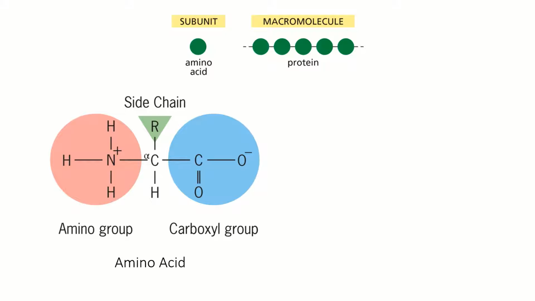So you can already imagine that there are 20 types of amino acids, and if a particular polypeptide or protein is, let's say in this example, 1, 2, 3, 4, 5 amino acids long, how many varieties can that particular protein take?